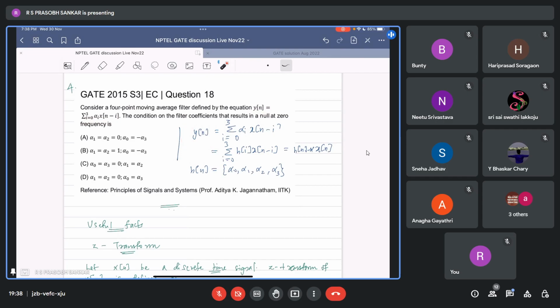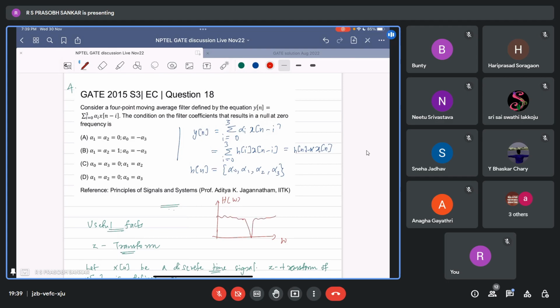So we can just write it like this. y of n is summation i equal to 0 to 3 alpha i x of n minus i. That means something like this. Now, what is the question? We want a null at 0 frequency. So what do you mean by null? Consider the frequency response H of omega for some filter. It can be some shape.